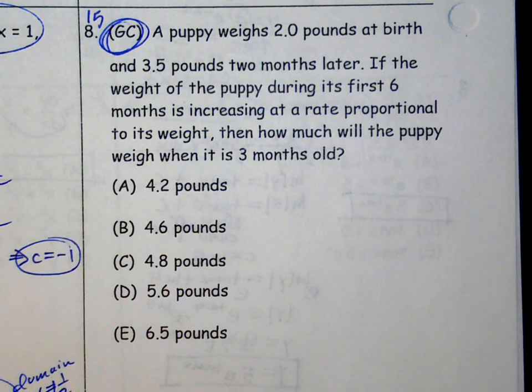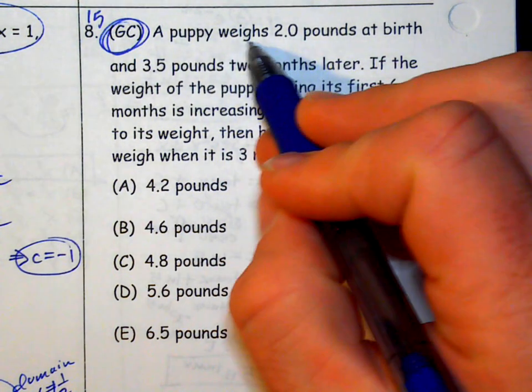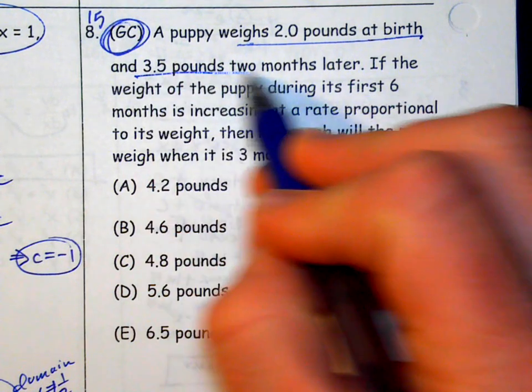And remember what the notes on 11.3 also covered. It had more solving differential equations, which we've been doing for like tons of assignments already. But also exponential growth. And it says puppy weighs 2 pounds at birth, 3.5 pounds 2 months later.